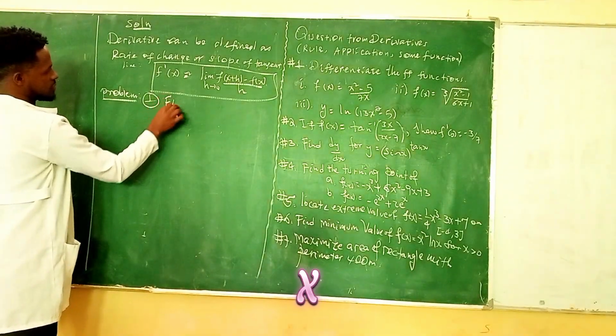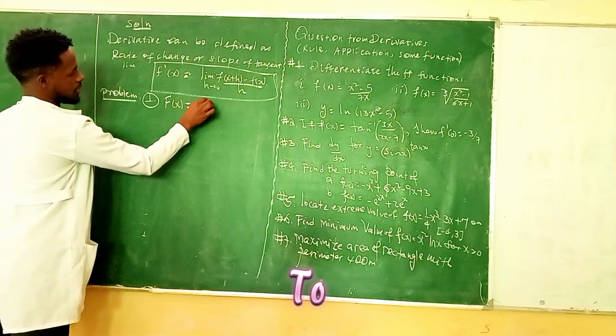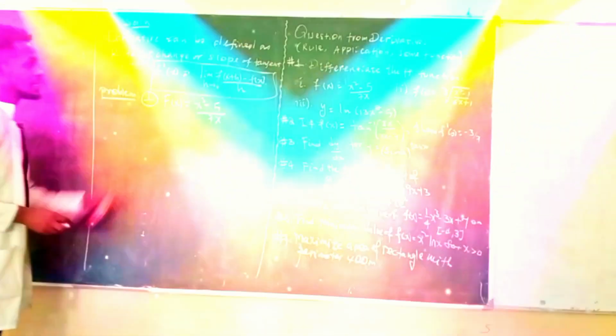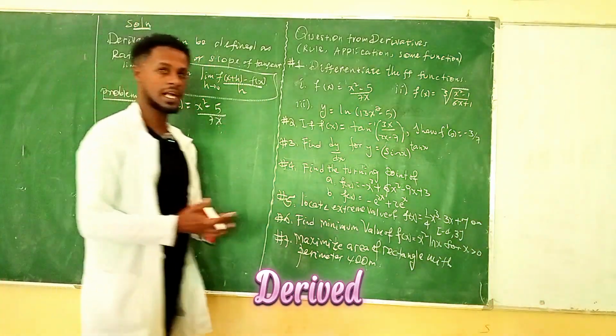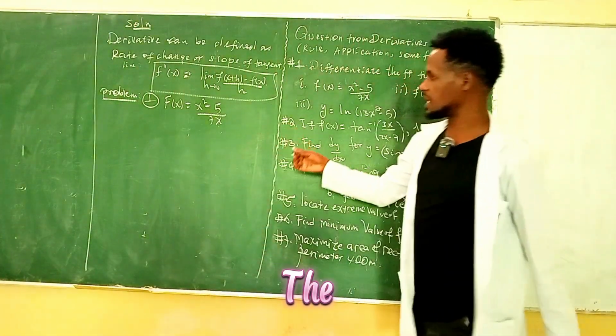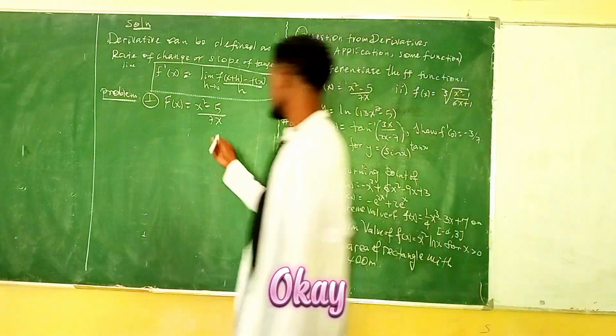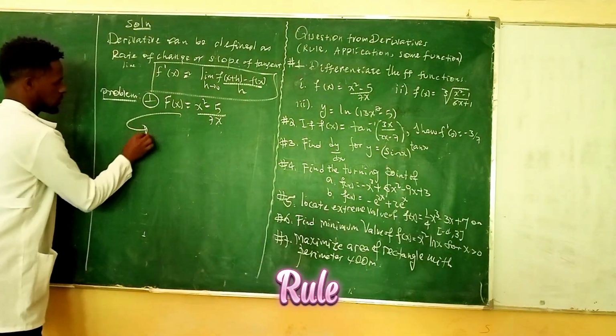f of x is equal to x squared minus 5 over 7x. We can find the derivative of this by using what? The quotient rule.